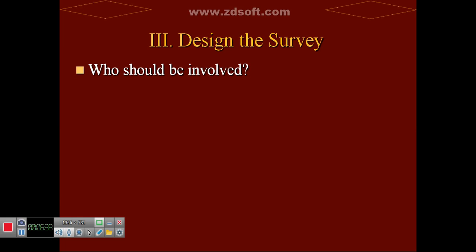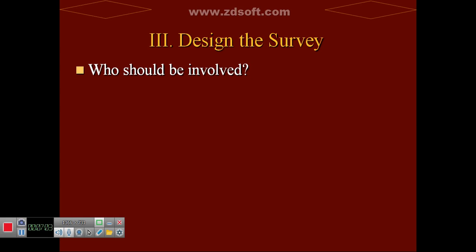So while designing this survey, what are the steps involved? What is the objective of the survey first? Then who should be interviewed or who should be the sampling units? That is which companies, competitors basically. So in designing this, who should be involved? Of course, HR people. Compensation comes under the purview of human resources management.